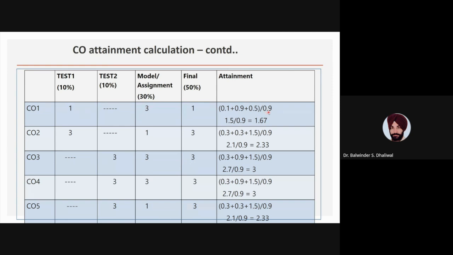Test 1 is 10% for CO1, model assignment is 30%, and the final is 50%, so the total weightage of these assessment tools for CO1 is 90%. So 0.1 plus 0.9 plus 0.5 becomes 1.5, divided by 0.9. The consolidated CO attainment for this subject will be 1.67, right?